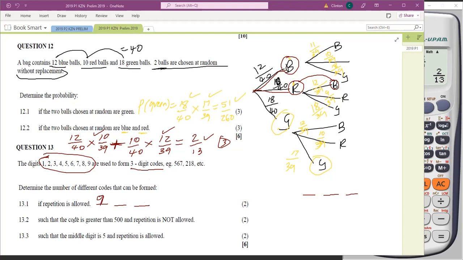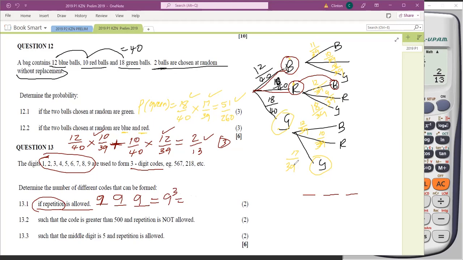But because they say repetitions are allowed, my options never change. They remain the same because I can pick 1 and I can pick 1 again and I can pick 1 again. Does it make sense? So if repetitions are allowed, you always have the same amount of options. So I still have 9 options and 9 options. So it's 9 to the power 3 basically.